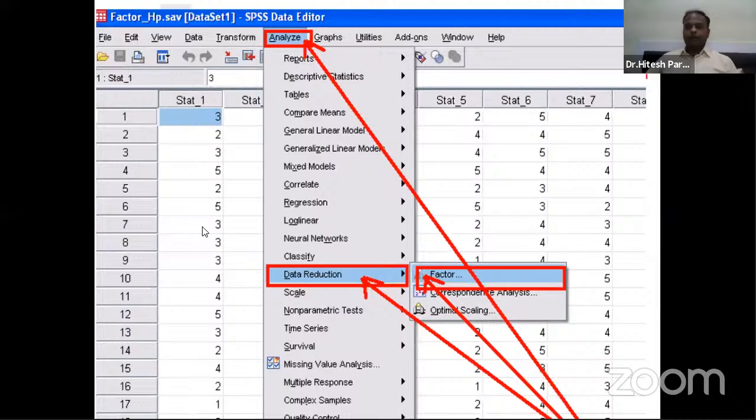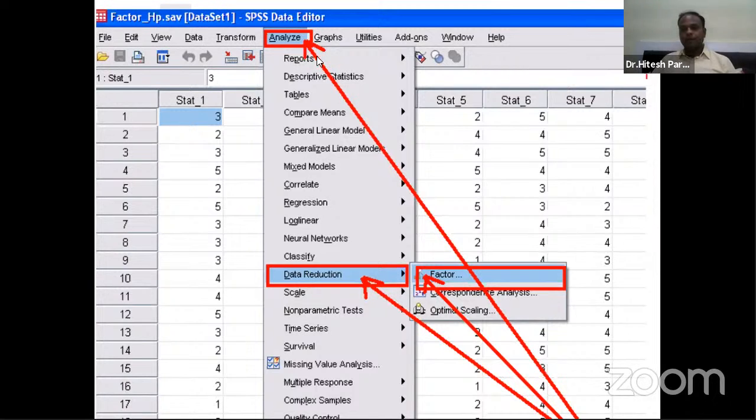So to run the exploratory factor analysis, we need to click on Analyze, Data Reduction. If higher versions are present with you, then it will be Dimension Reduction. So Analyze, Dimension Reduction or Data Reduction, and then Factor.